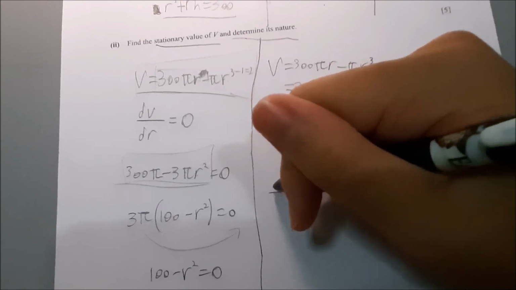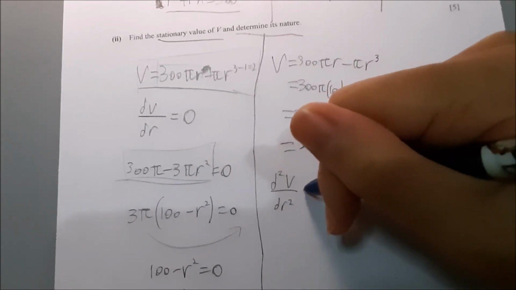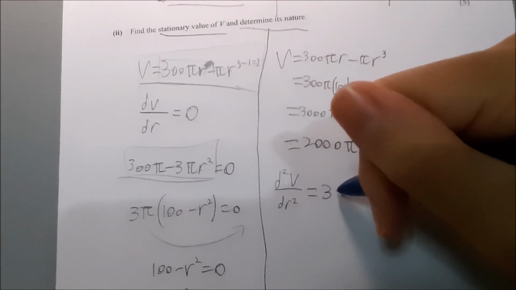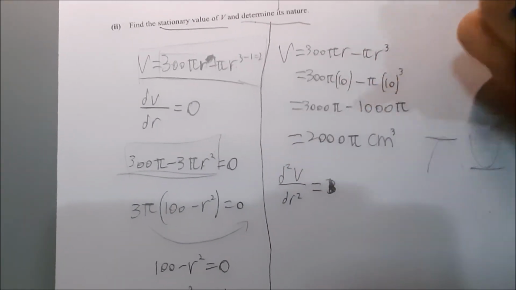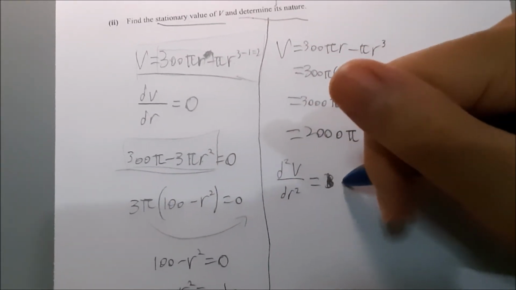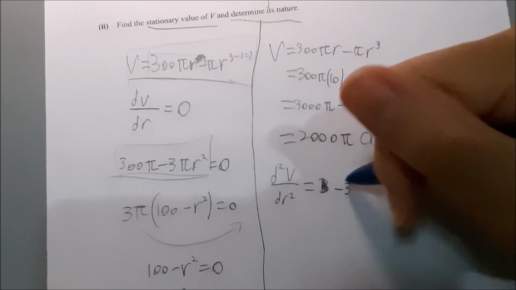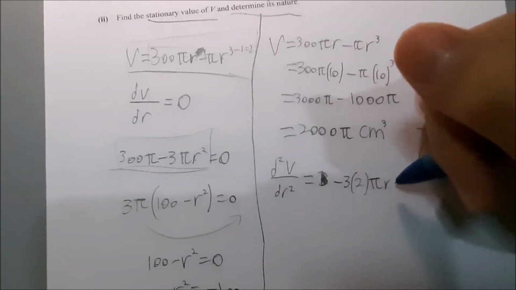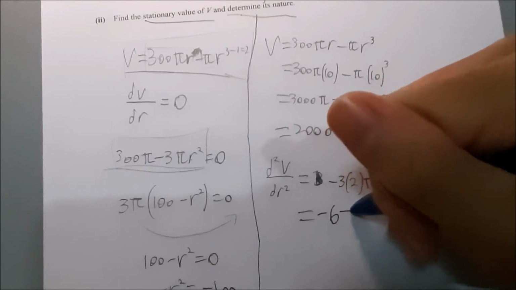So to write this, you write d squared V over dr squared equals, the 300 pi would be gone because there is no unknown, so it becomes minus 3 times 2 pi r to the power of 1, which is pi r, so it becomes minus 6 pi r.